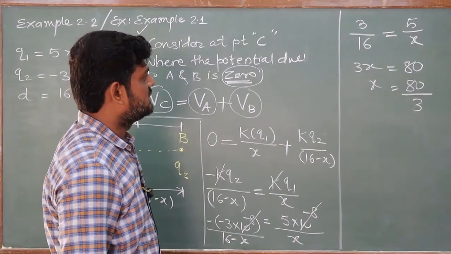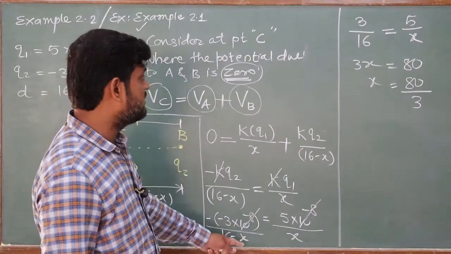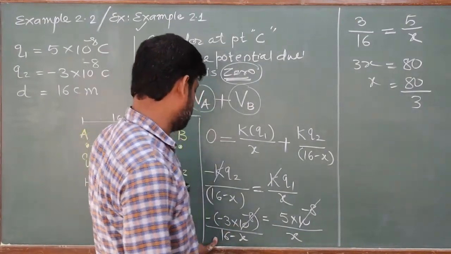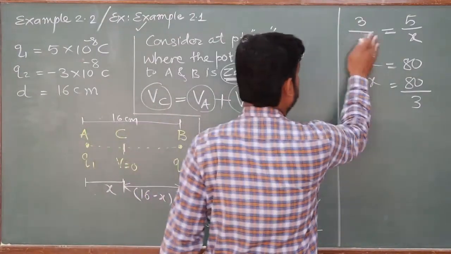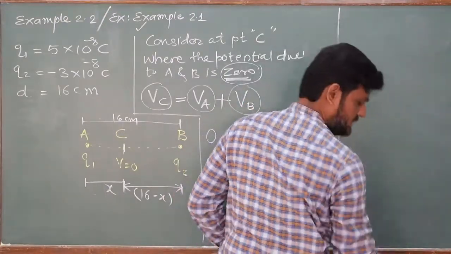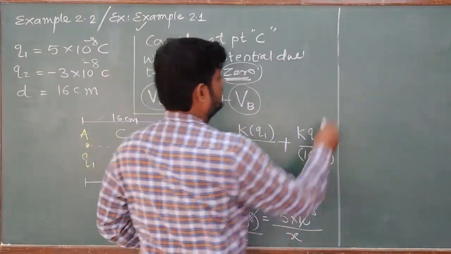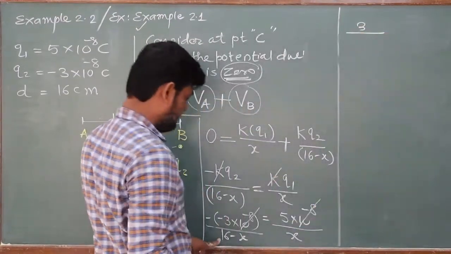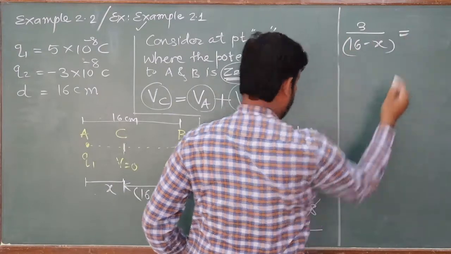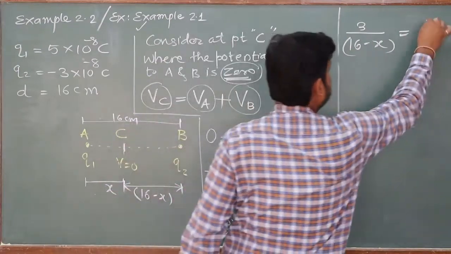3x equal to 16 5. Is there any mistake? Yes, 16 minus x. What we written over here? Look at me. See, 3 divided by 16 minus x, 16 minus x equal to 5 divided by x.